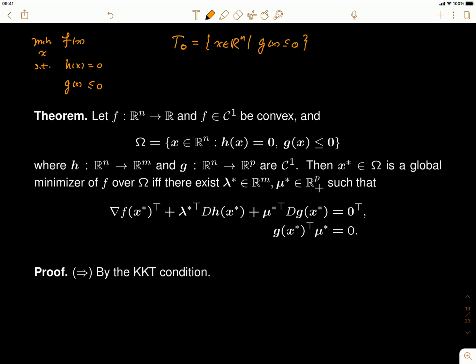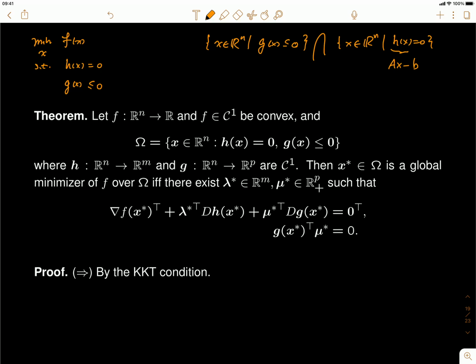And you take the intersection of this set and this set, where h(x) is equal to 0. For convex optimization problems, h(x) is often said to be an affine function, which means that it is written as Ax minus b equals 0, where A is a matrix and b is a vector.